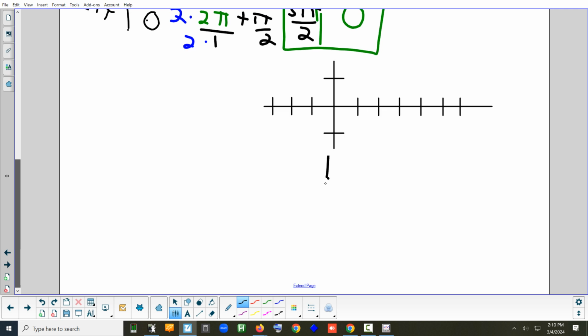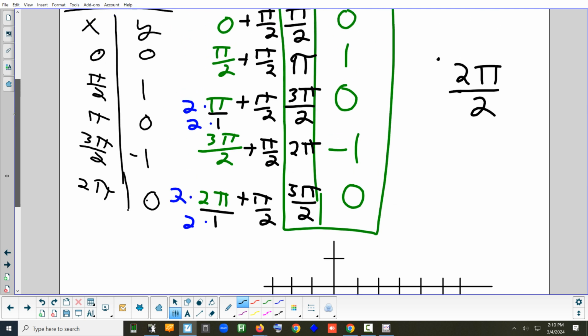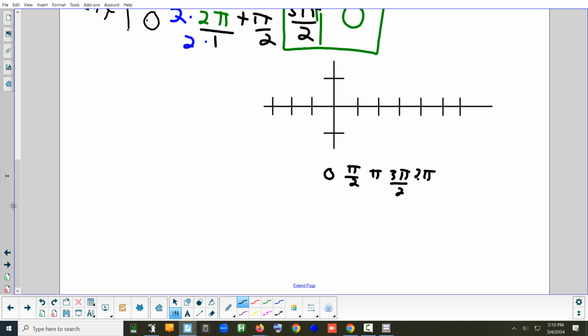So this would be 0. The first one will be pi over 2. This one will be pi. 3 pi over 2. 2 pi, and how high do we need? 5 pi over 2. So this one will be 5 pi over 2.